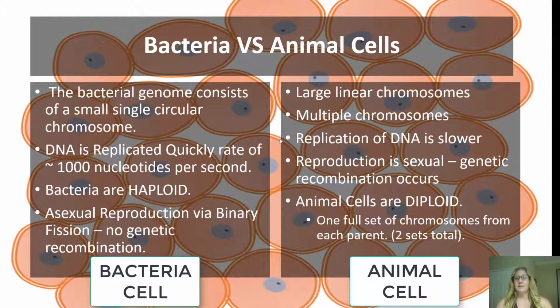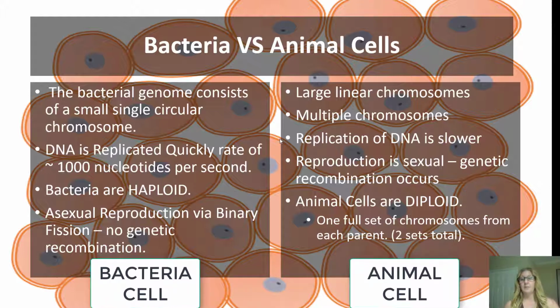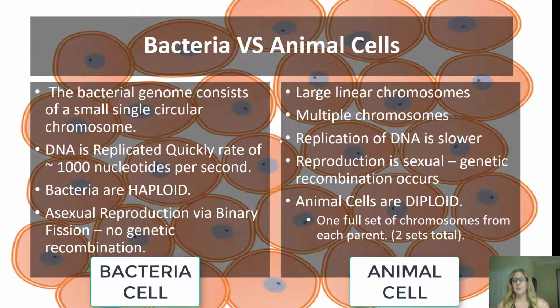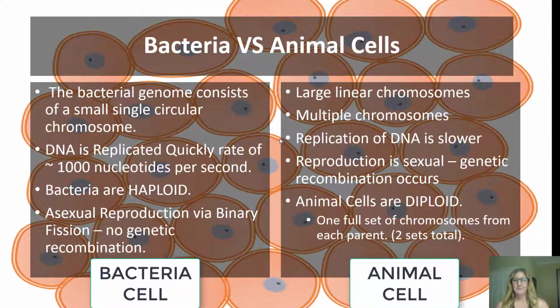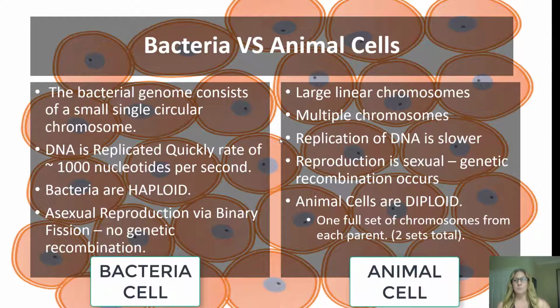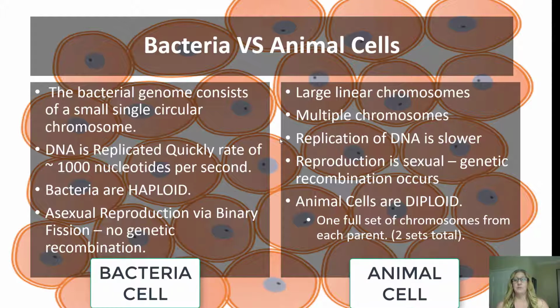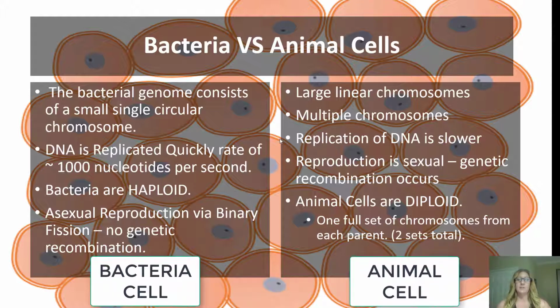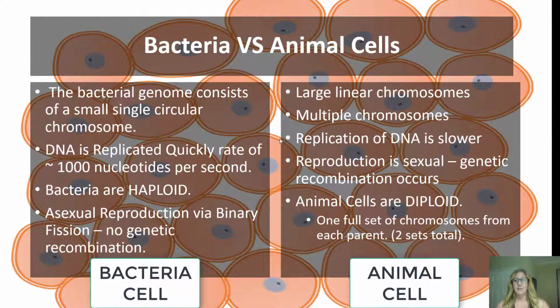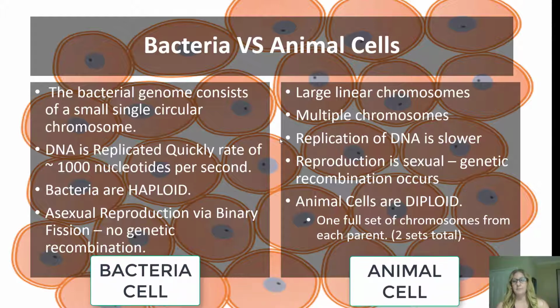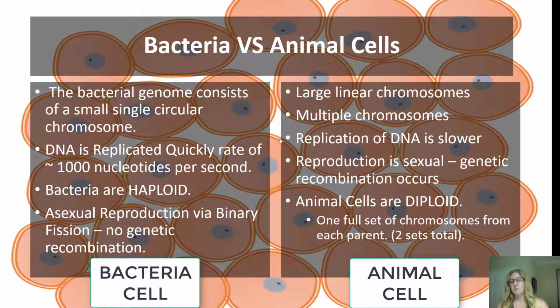Whenever you have a eukaryotic organism, an animal that is reproducing, that animal will reproduce using sexual means in which you have genetic recombination, like in us, for example. For that reason, animal cells are diploid, meaning that we have one full set of chromosomes from each parent.